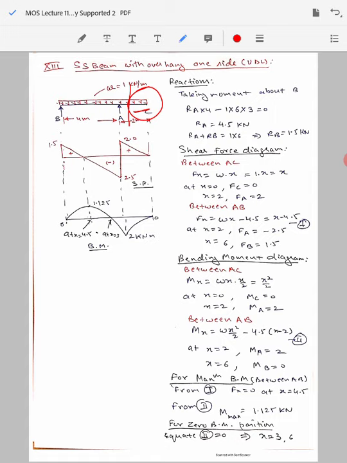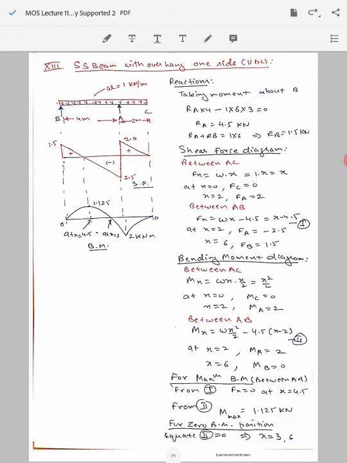So the shear force will be W into X only, and as W is equal to 1, so Fx will be equal to simply X. For X equal to 0, it will give us Fc equal to 0, and for X equal to 2, this is going to give us shear force at A equal to 2 kilonewton.